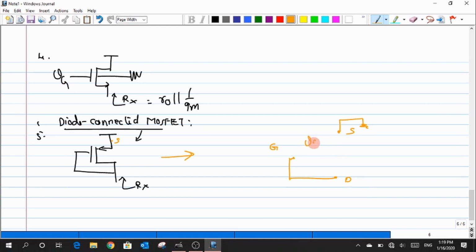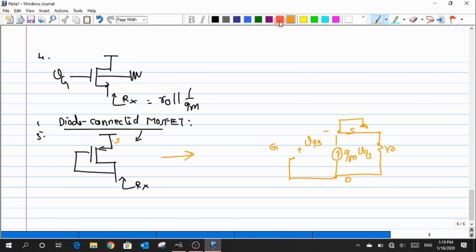I fix my polarity between the gate and the source with plus and minus, due to which the current flows from the drain towards the source, whose value is Gm times VGS. There is an R naught. So this completes my small signal model.